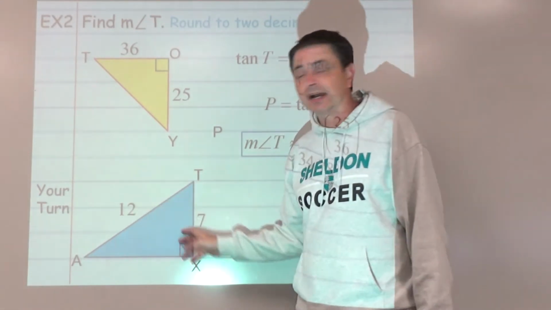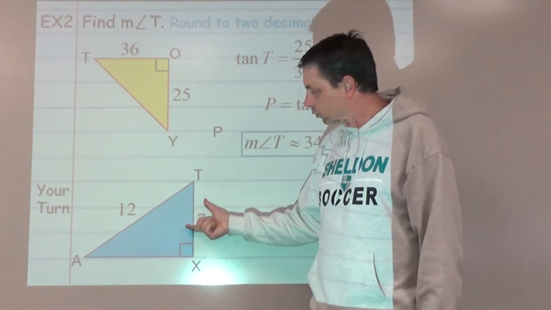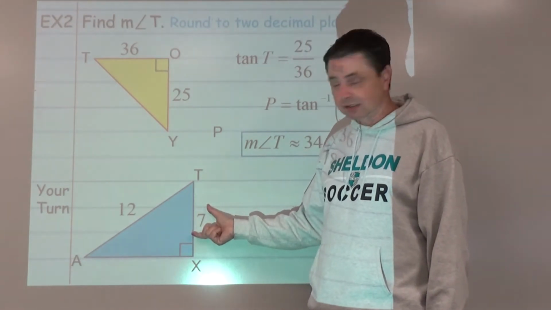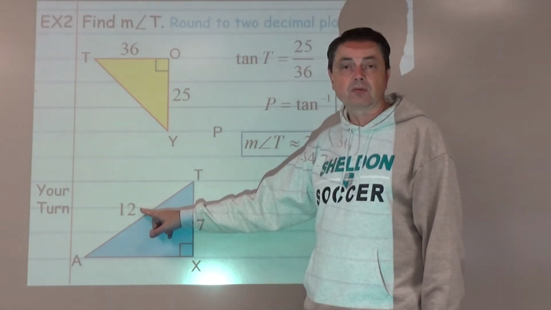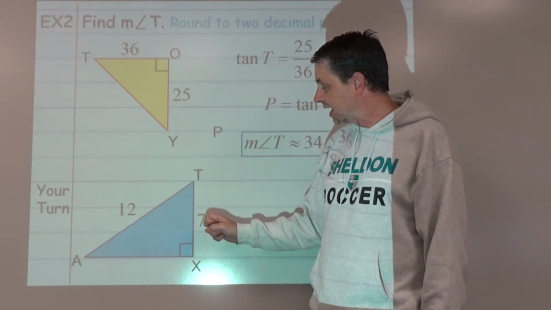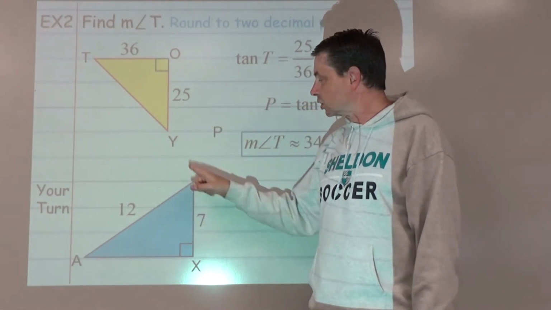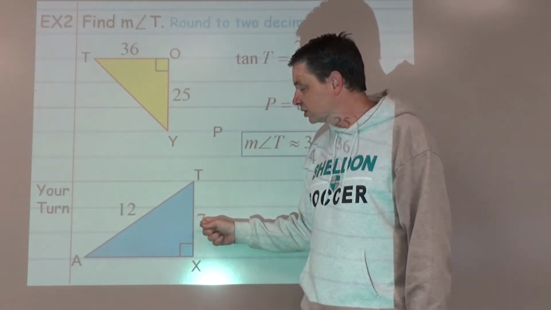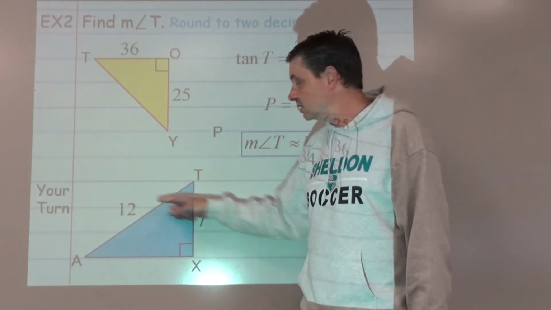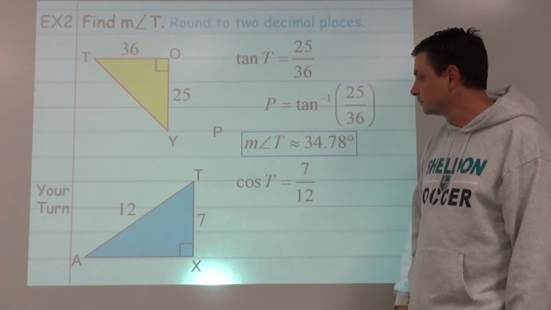This time our known sides are right next to the T, adjacent, and opposite of the right angle, hypotenuse, A, H. So we're going to use cosine. Cosine of T is equal to adjacent 7 divided by hypotenuse 12.